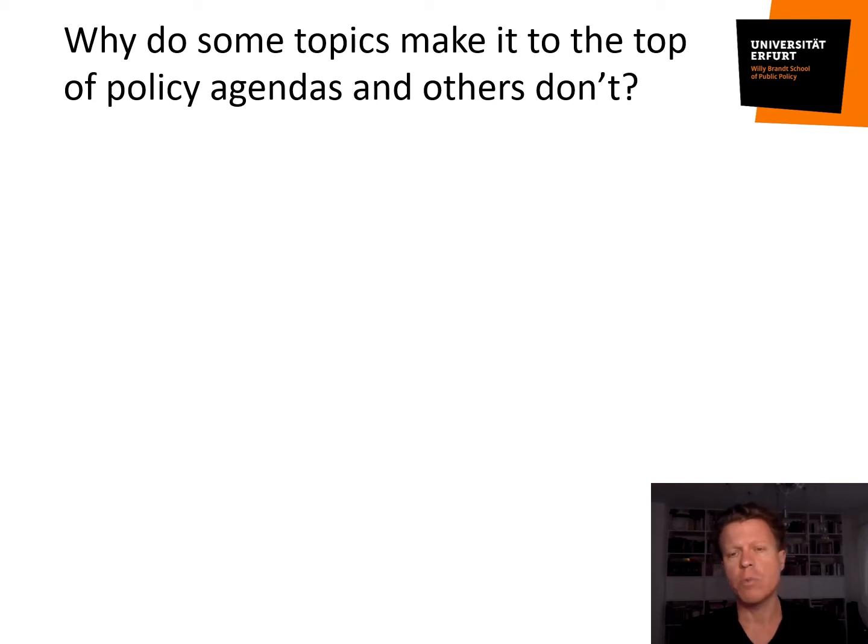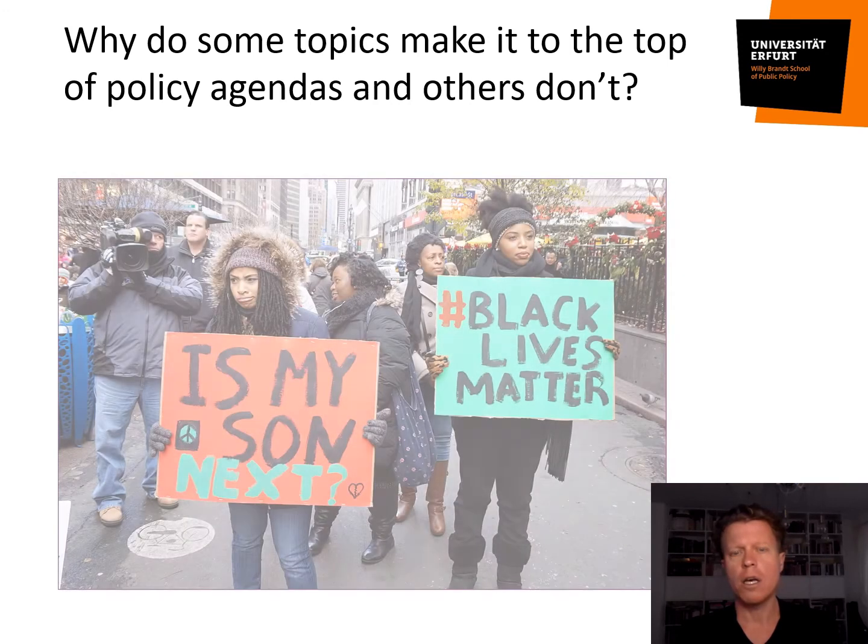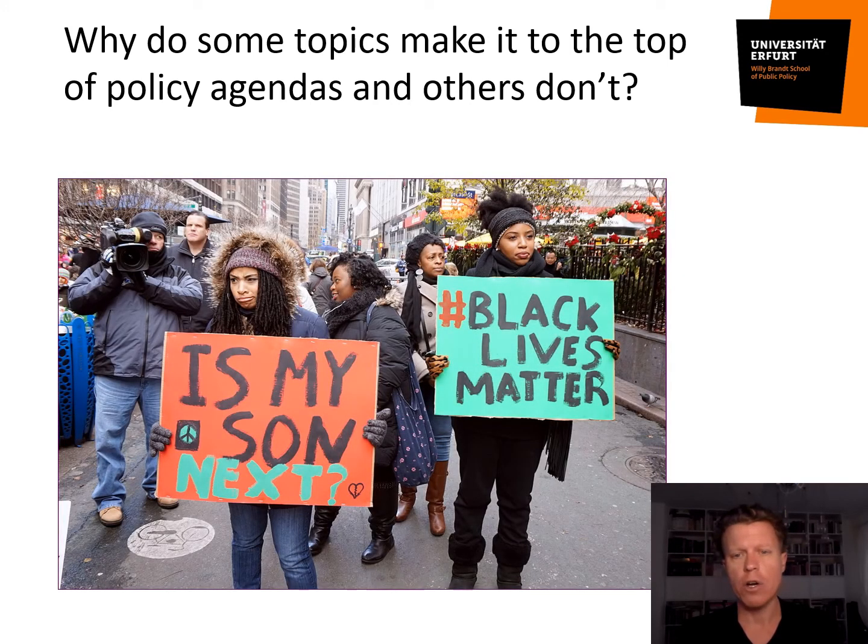And we're going to start with a very simple but important question, which is, why is it that some topics make it onto the policy agenda and others do not? We have a lot of really interesting case studies to look at here. A recent one, obviously, is Black Lives Matter, which is a topic that is important and salient, but arguably it's not the only one that is important and salient.